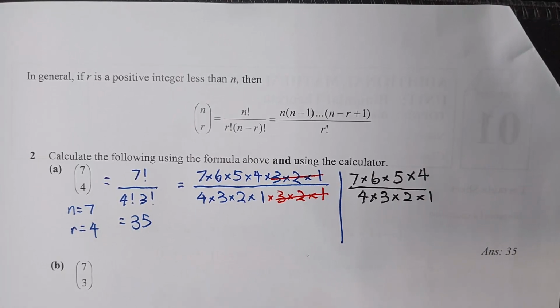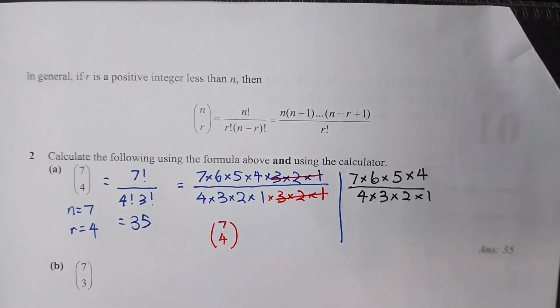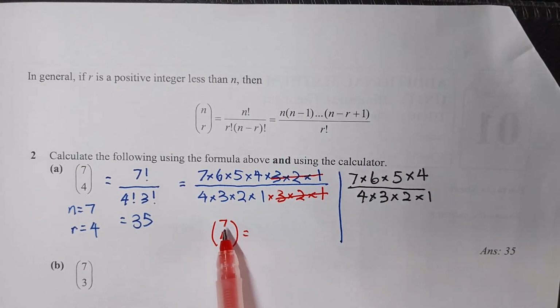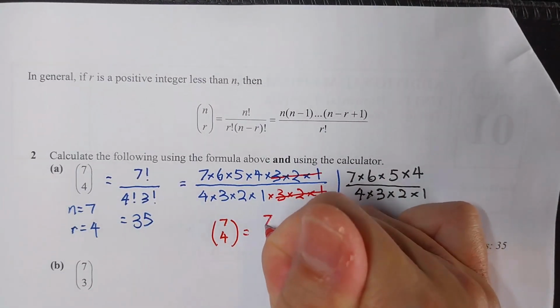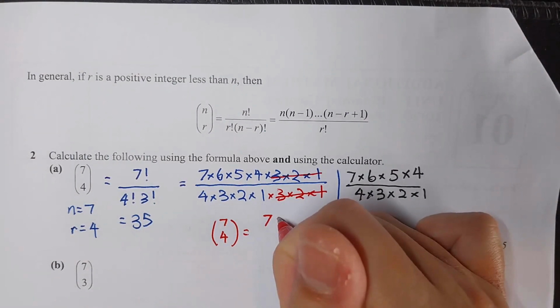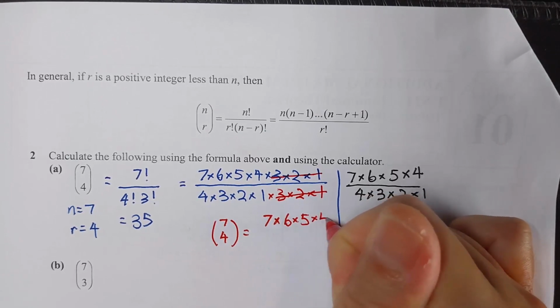Now it may seem complicated, but actually there's an extremely easy way to remember this. So how do we find 7 choose 4 easily? What we can do is start with the number 7 and go in descending order 4 times. So 1, 2, 3, 4.